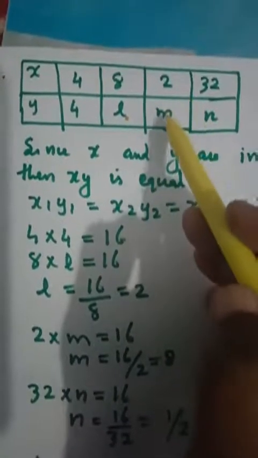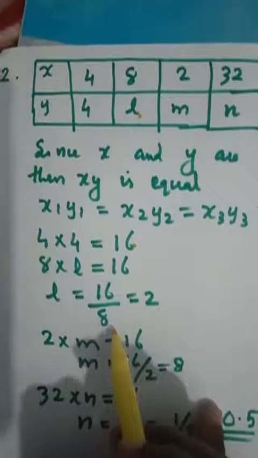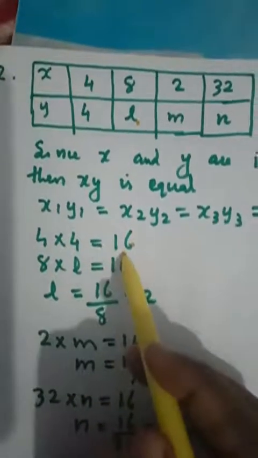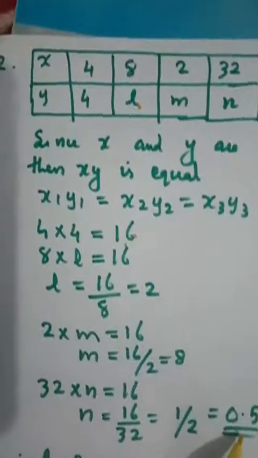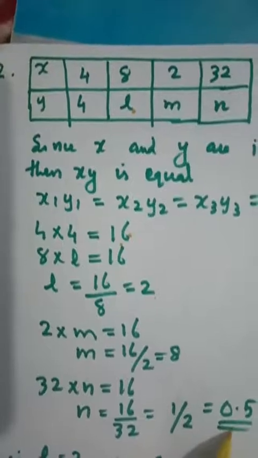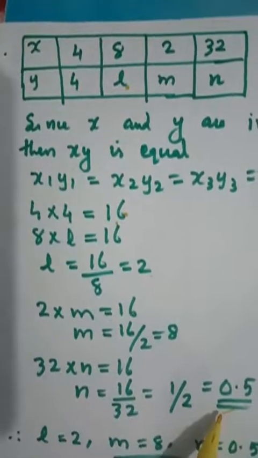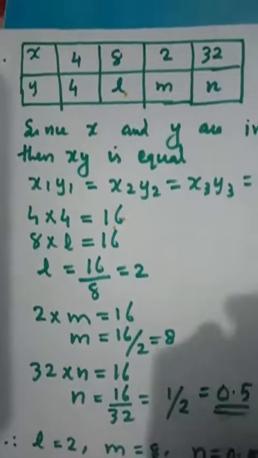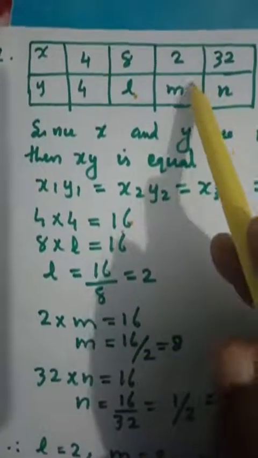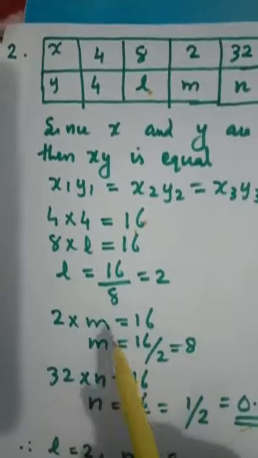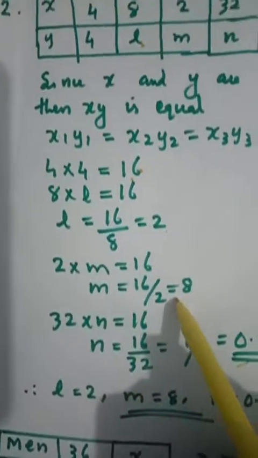Then third one, 2 into M is equal to 16. Here 4 into 4 we already got 16. If x and y are in inverse variation, then x into y is a constant. So 4 into 4, 16. 2 into M, 16. So M is equal to 16 by 2, 8.